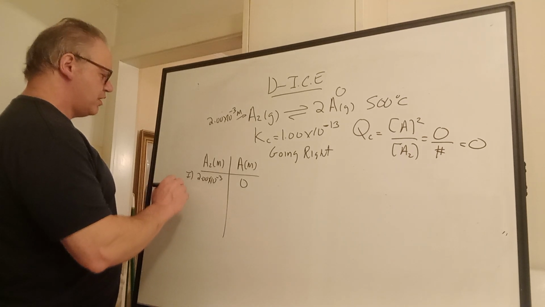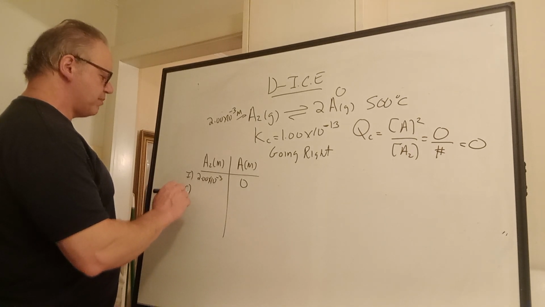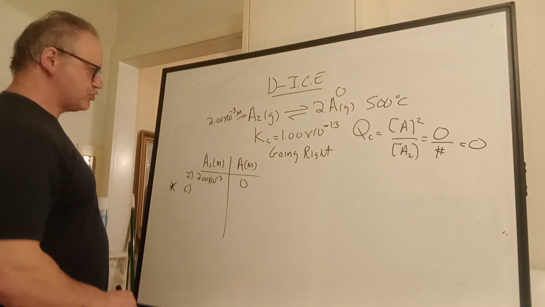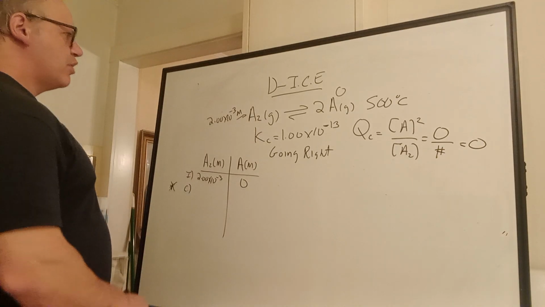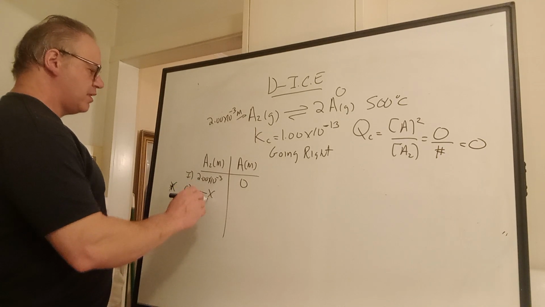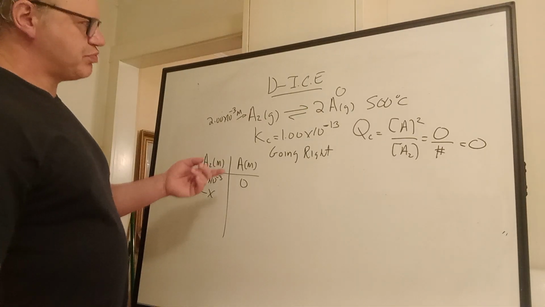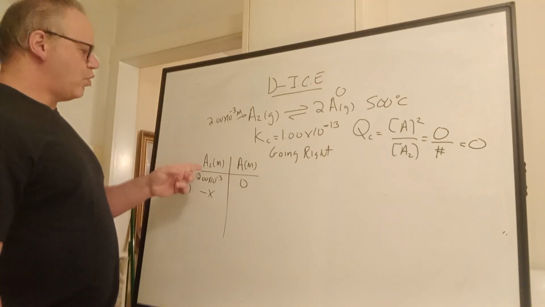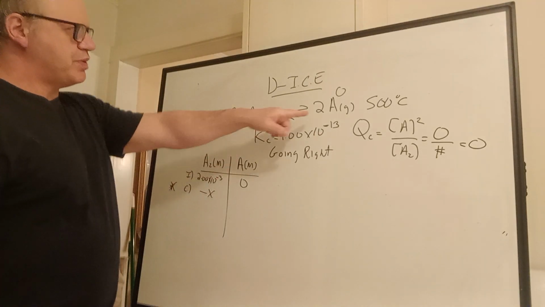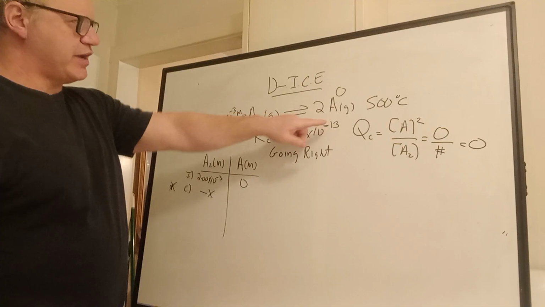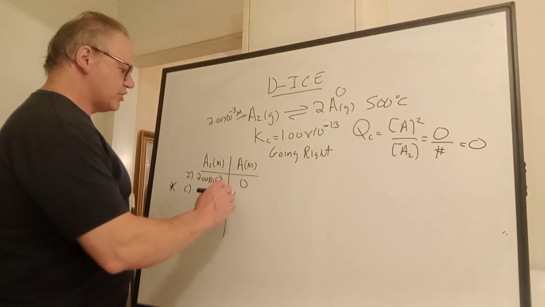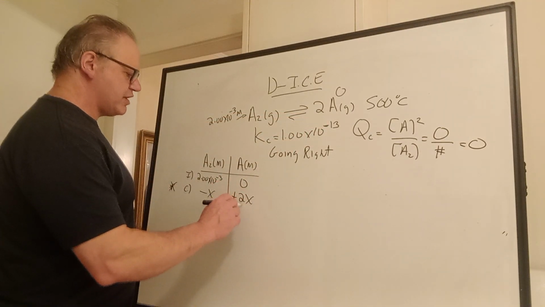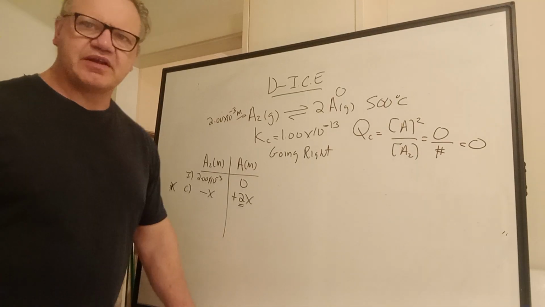In the change step, I'll put a little asterisk, because people tend to make a mistake here. We're losing x, but unlike the last problem, there are 2 of these. Every time you lose 1 A2, you pick up 2 of the A's. So it's 2 to 1, and that's going to be a plus 2x. Right there is where people tend to make an error.